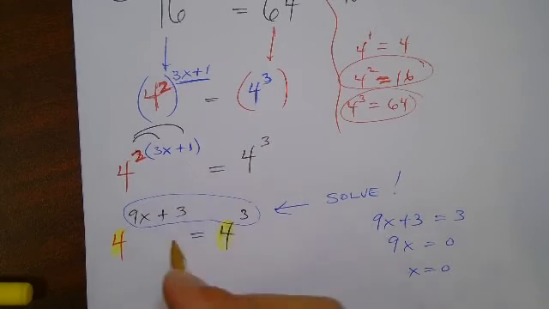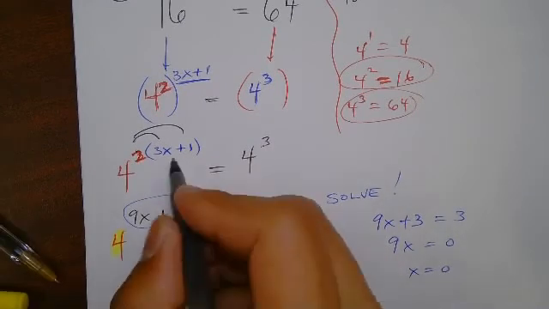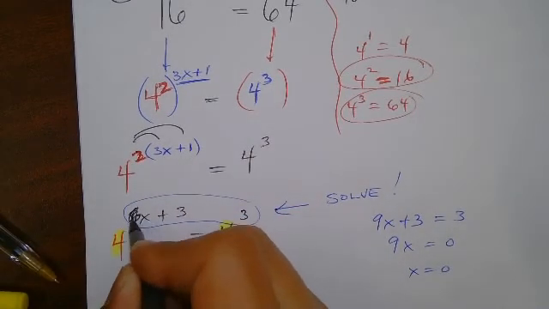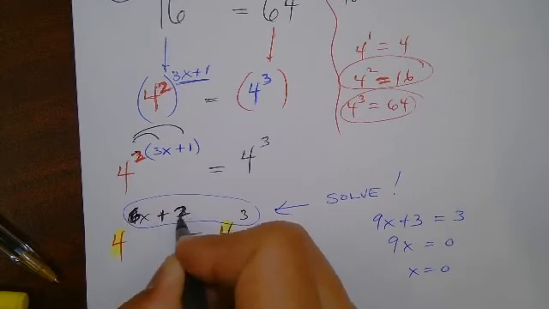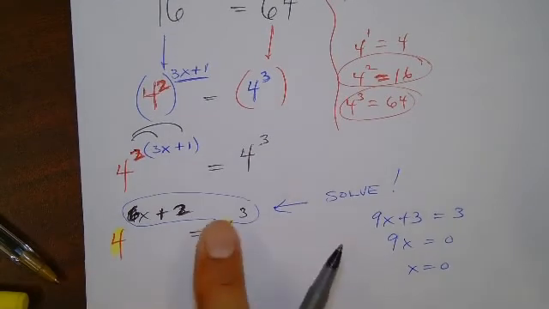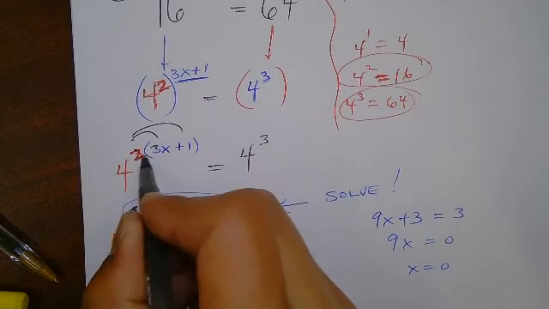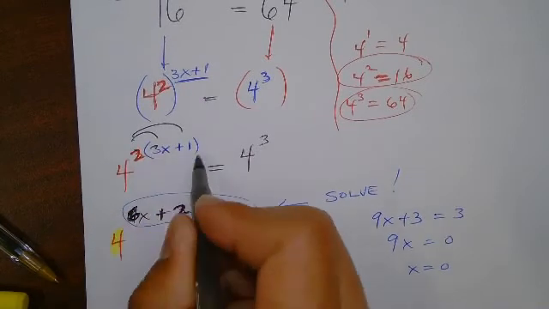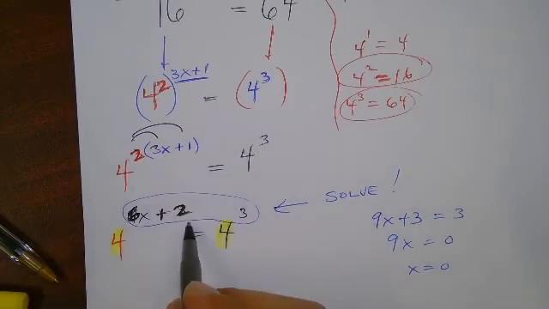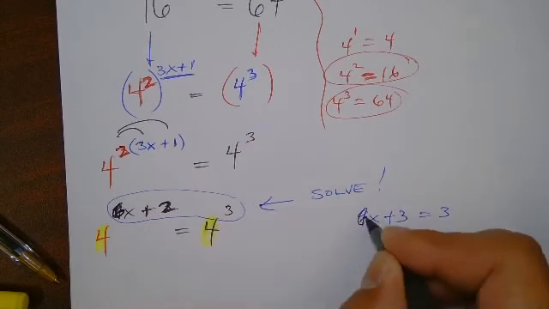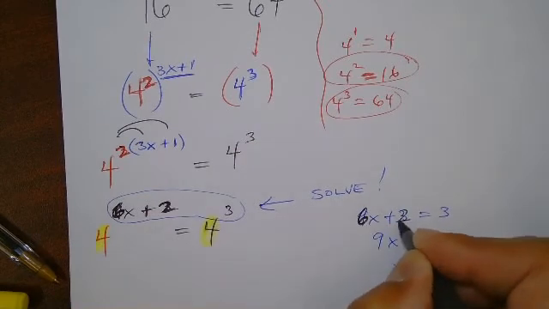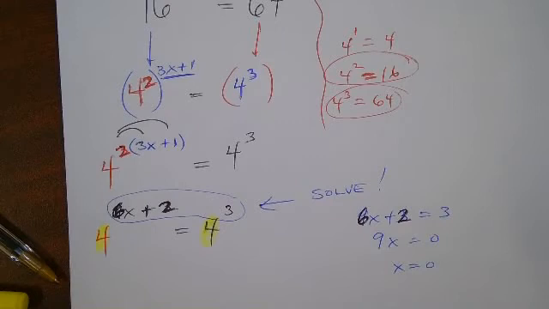And then this would be 2 times 3x plus 1. And 2 times 3x plus 1 is 6x plus 2. Right? 2 times 3 is 6x, plus 2 times 1 is 2. 6x plus 2 is equal to 3.